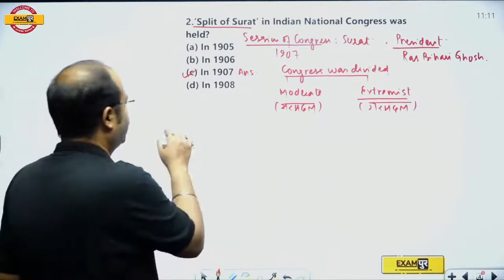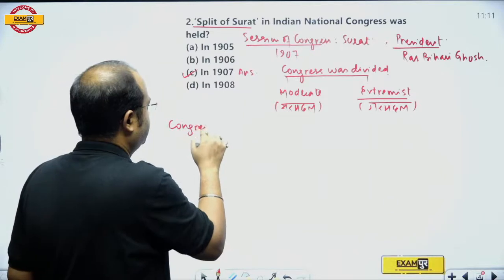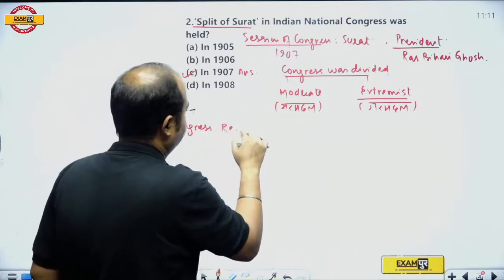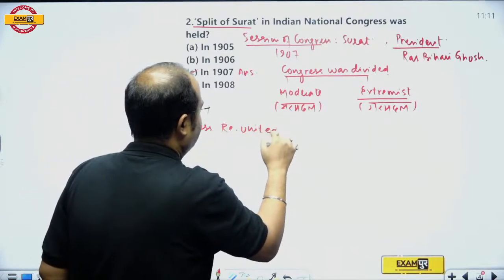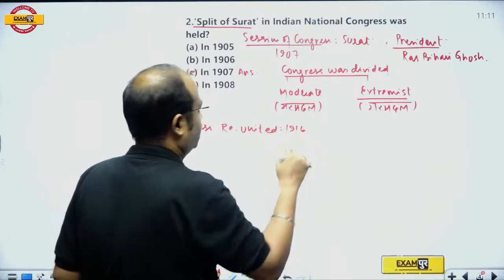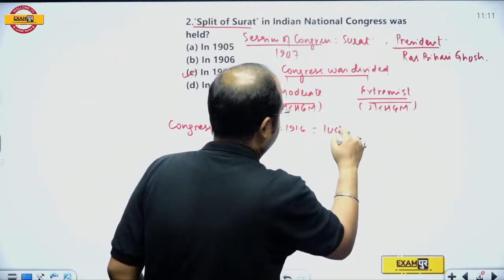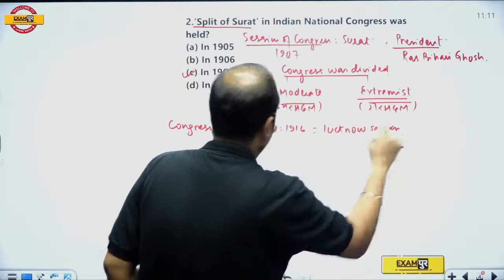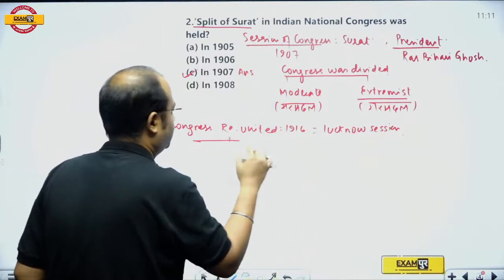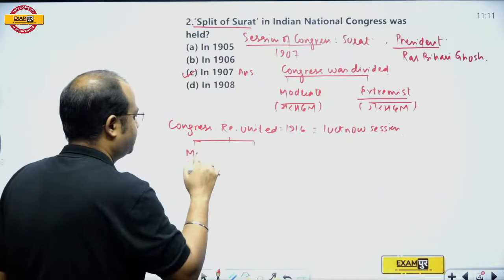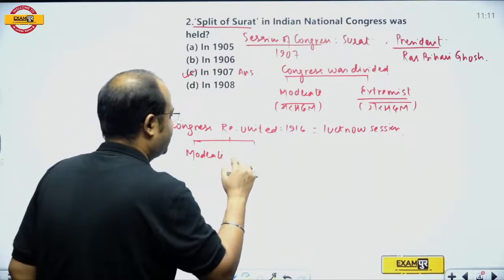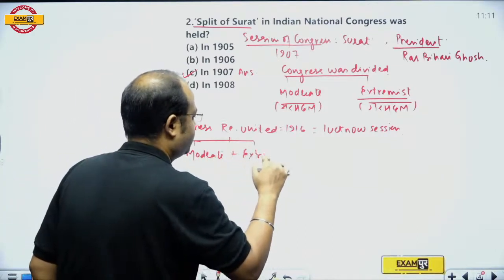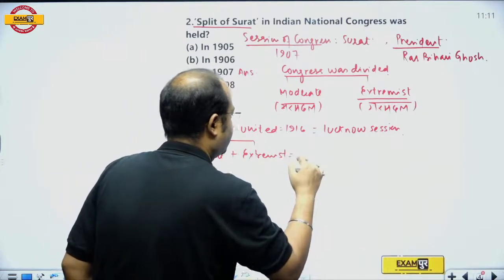And Congress reunited in the 1916 Lucknow session of INC, and in this, the moderates and extremists united.